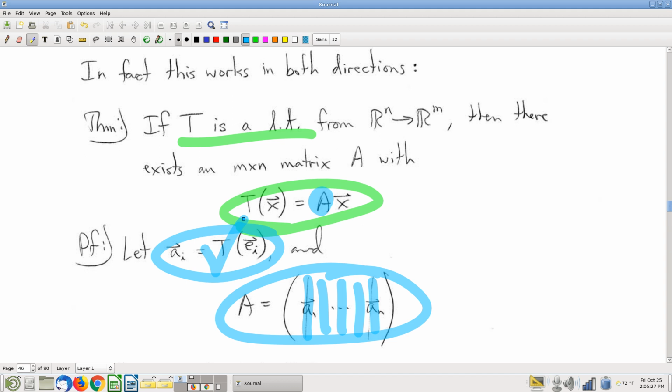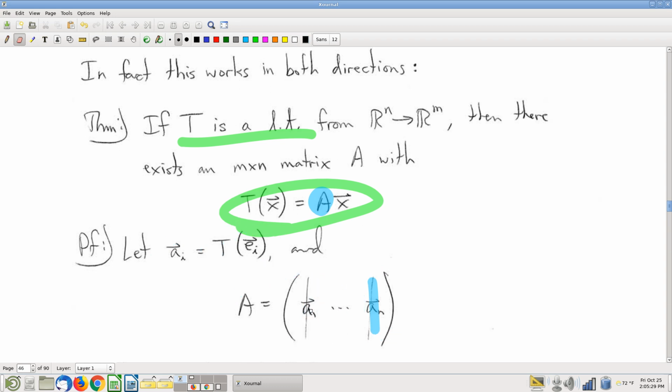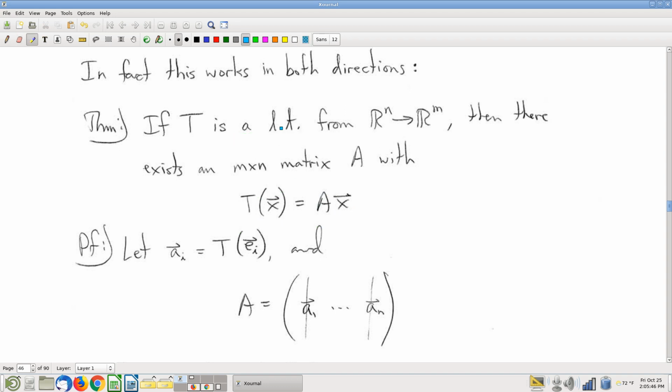And it's very plug and chug. I'm just going to write down, for each standard basis vector, I'm going to rotate it, make that the corresponding column of my matrix, and I'm going to declare victory. Okay, so here's how that plays out.